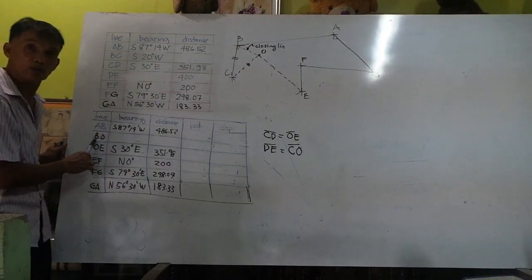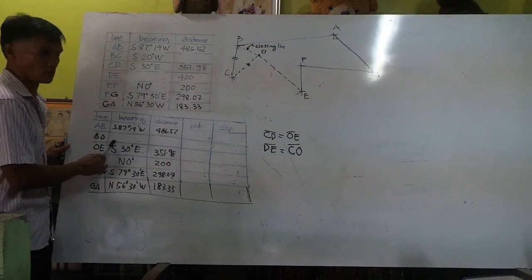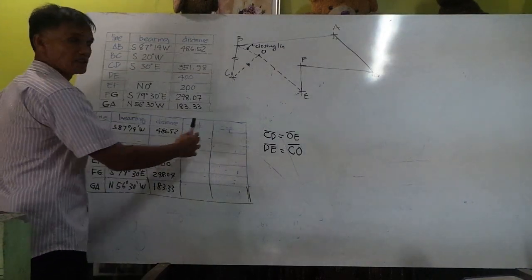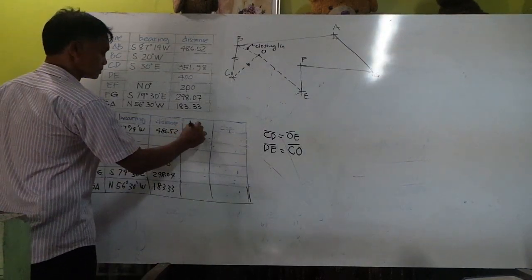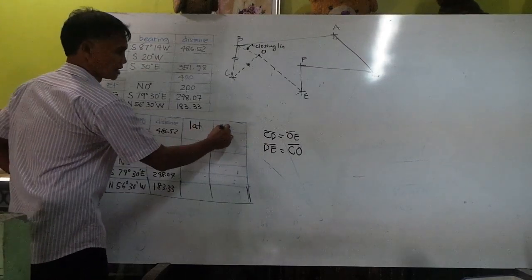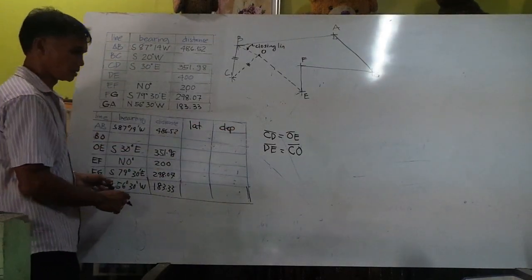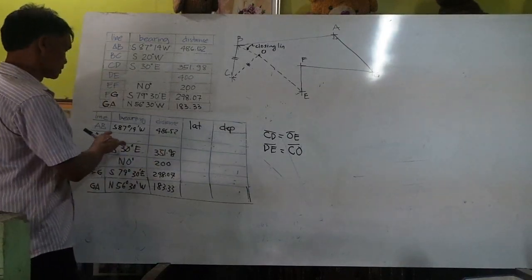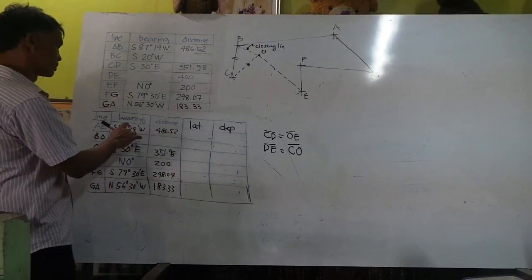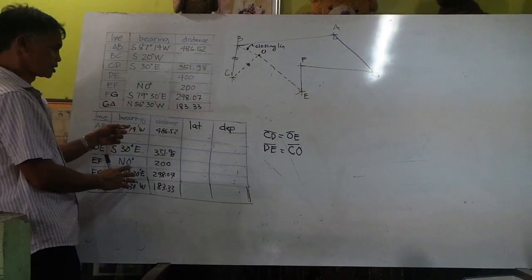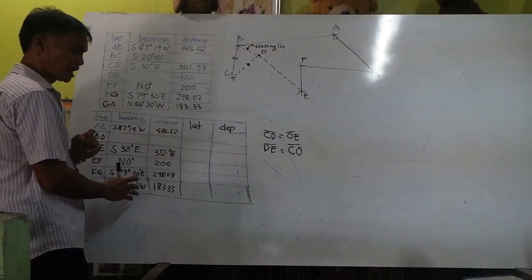Ang ano na to is your line BO. Okay? So by latitude and departure, by our knowledge about latitude and departure, we can now solve BO, di ba? So solving the latitude for the line AB, it is just equals to the cosine of this bearing times the distance, no?